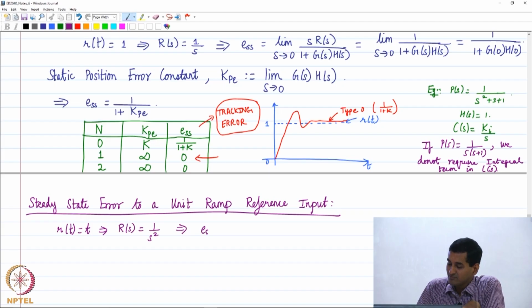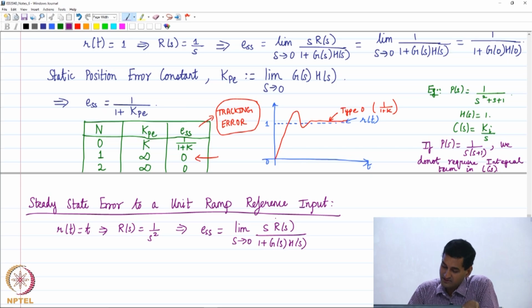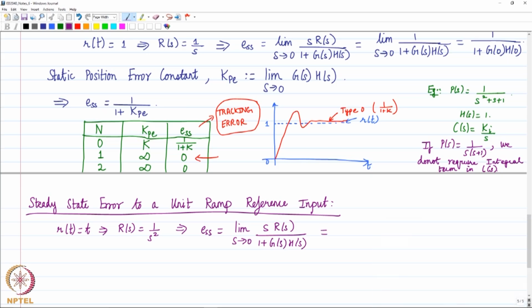So, this immediately implies, I am just repeating the same calculations, limit s tending to 0, s times R of s divided by 1 plus g of s h of s. What is going to happen here? I will get limit s tending to 0, s times 1 by s squared, right.